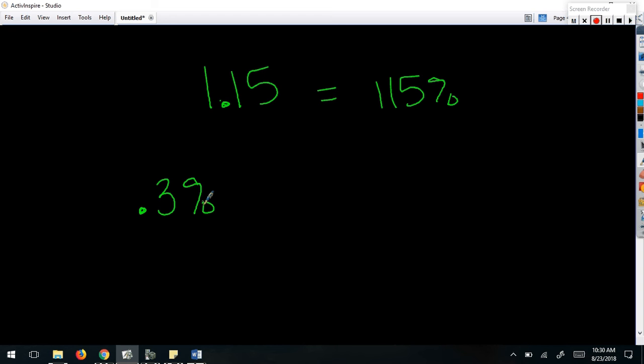And remember, if it doesn't have any place to move it, you add zeros to hold the place. So I know I need to go left because I'm going percent to decimal. 1, 2. So I'm going to have to add 2 zeros. So it's going to be 0.003.